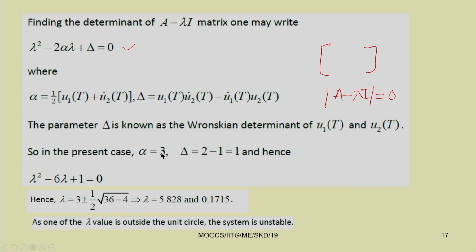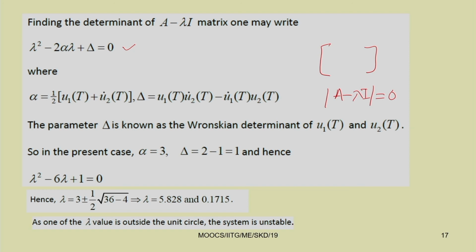In this case, for the given parameters, delta is known as the Wronskian determinant of u1 and u2. In the present case, alpha equal to 3, delta equal to 2 minus 1, that is equal to 1, and hence lambda square minus 6 lambda plus 1 equal to 0. Hence, you get 2 values of lambda: 5.828 and 0.1715.